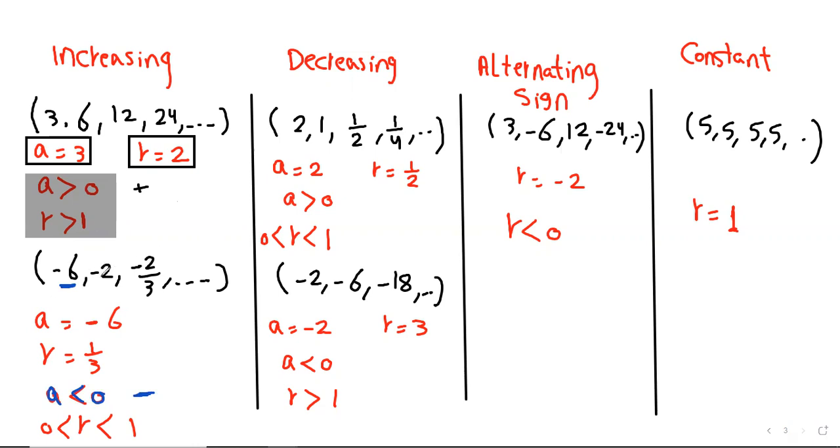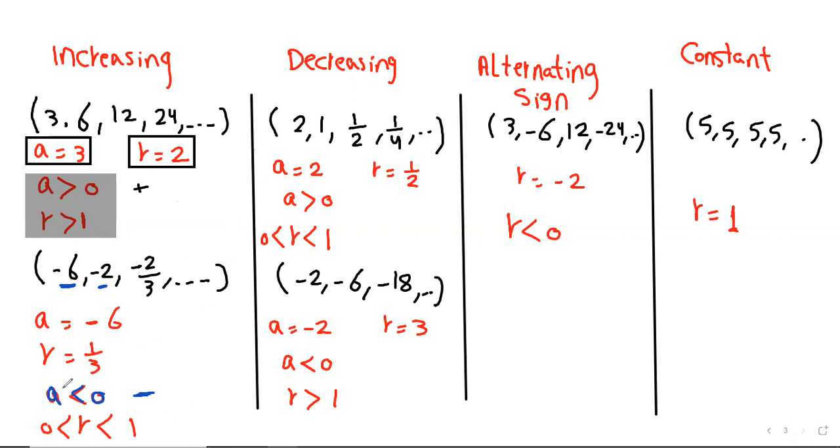And here, if we want to find R, we will divide -2 by -6. It's 1/3. And this sequence is increasing: -6, -2, -2/3. Each time, we will find that the sequence is increasing.